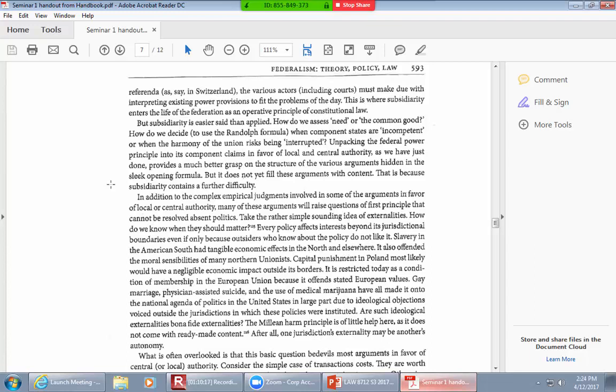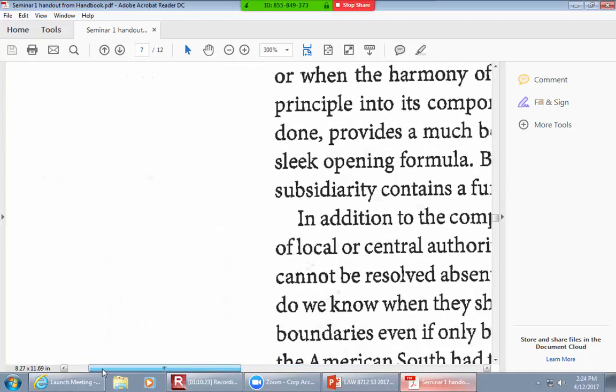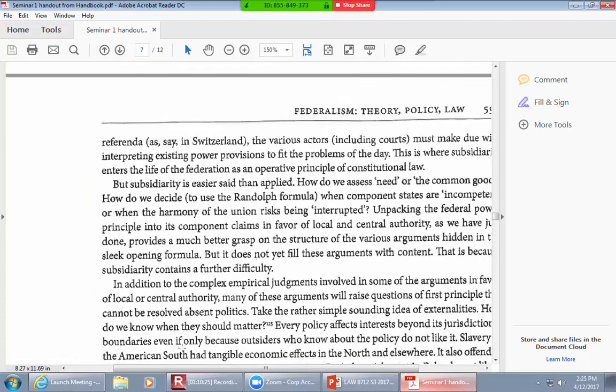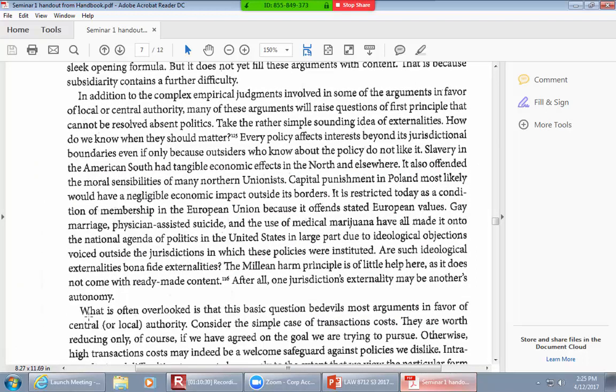Okay. Let's drop to the middle of the page, and it talks about, so let's just look at it here. I want to start from somewhere here. It says, "Gay marriage, physician-assisted suicide," also known as euthanasia.